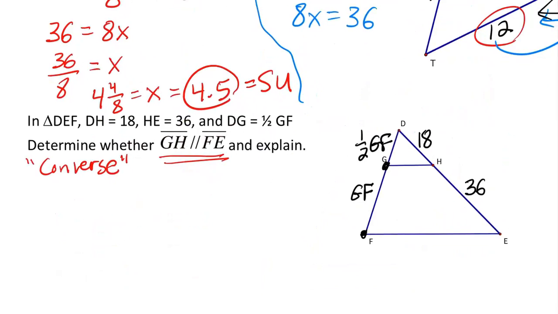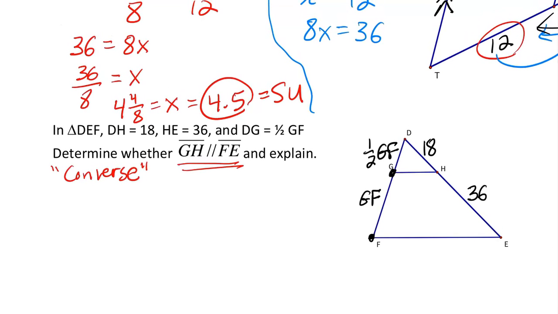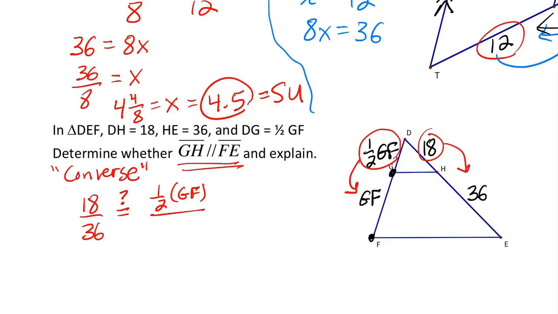So let's write a proportional statement. Let's do 18 divided by 36. Is it the same proportion as this 1/2 GF divided by this one, GF? There's some reducing. We can do 18 over 36 is 1/2, and GF divides by GF. It's the same length, so it divides out.